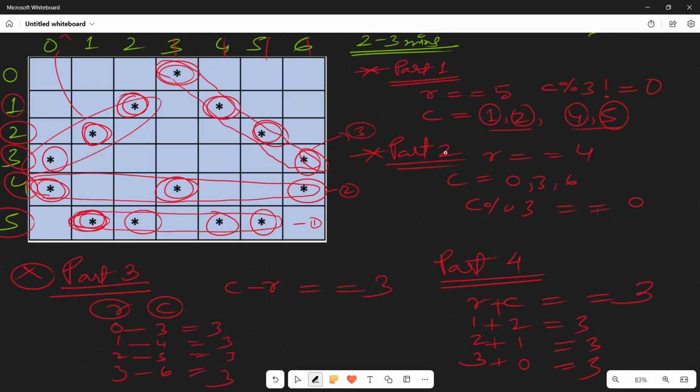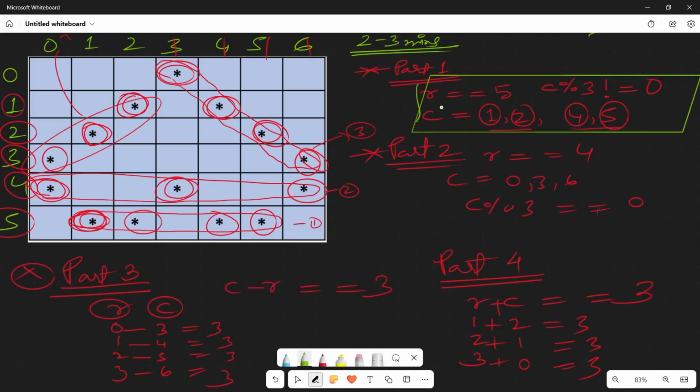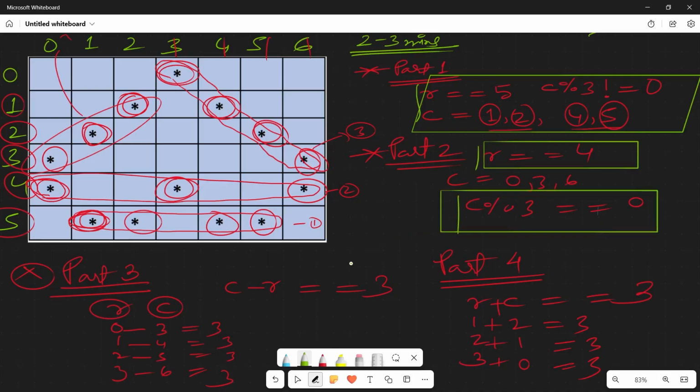So these are the 4 conditions that we have, guys. See here, this is my condition: R equal 5 and column modulus of 3 not equal to 0. The second one is R equal 4 and column modulus 3 equal 0. Got it? Then we have C minus R equal 3. And finally, we have R plus C equal 3.